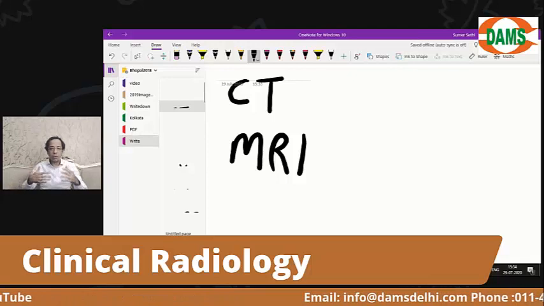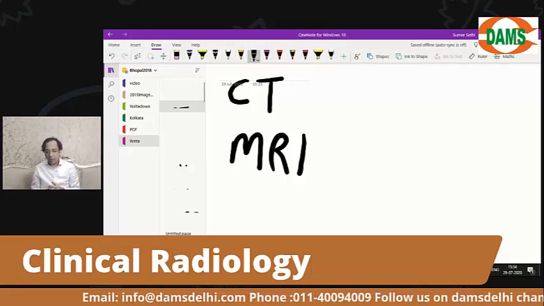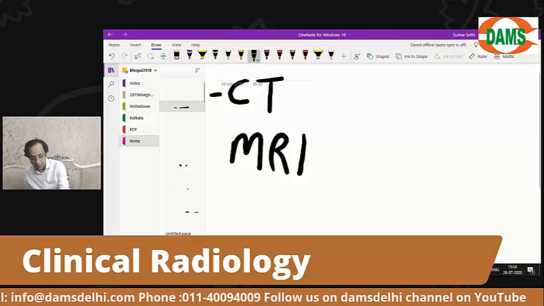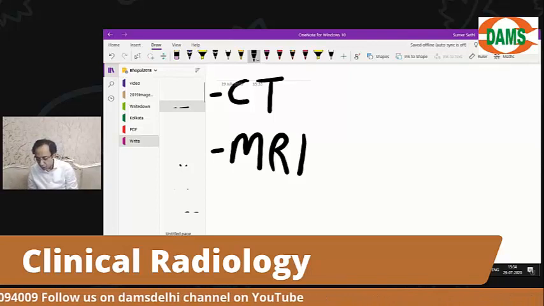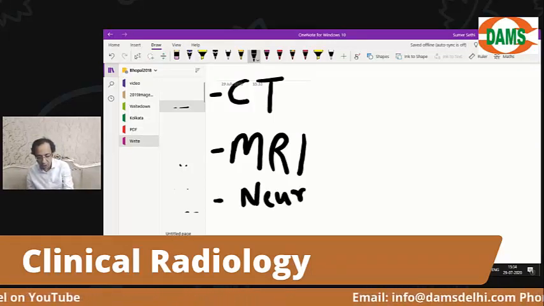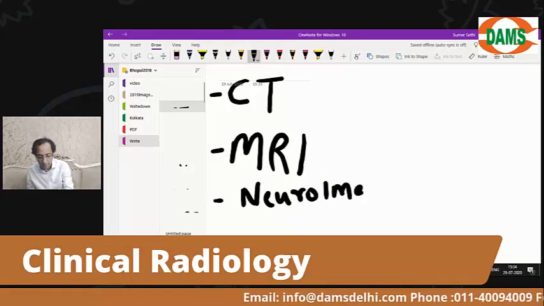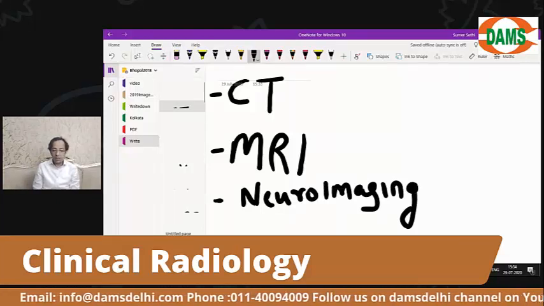Then I'll show you different CT technologies, and then start with MRI. After this, I will show you diseases of the brain. This will be the key.